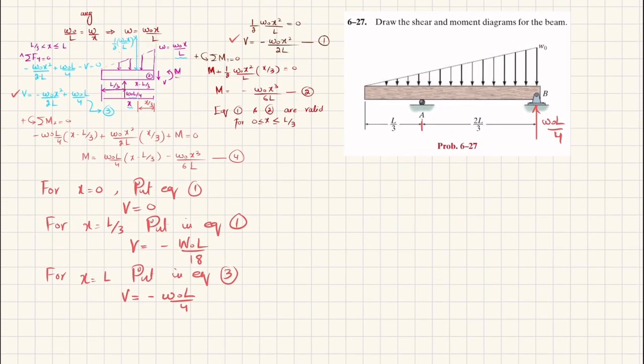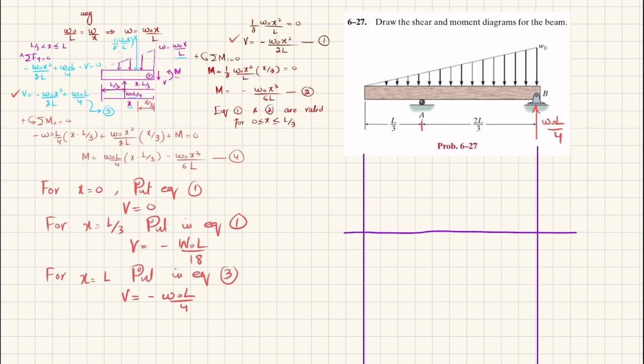So let me draw the shear force diagram first. If you take the vertical line from the end of the beam and a horizontal line to show the length x, on the y-axis we have shear force. At the first point, x is equal to 0, v is equal to 0.